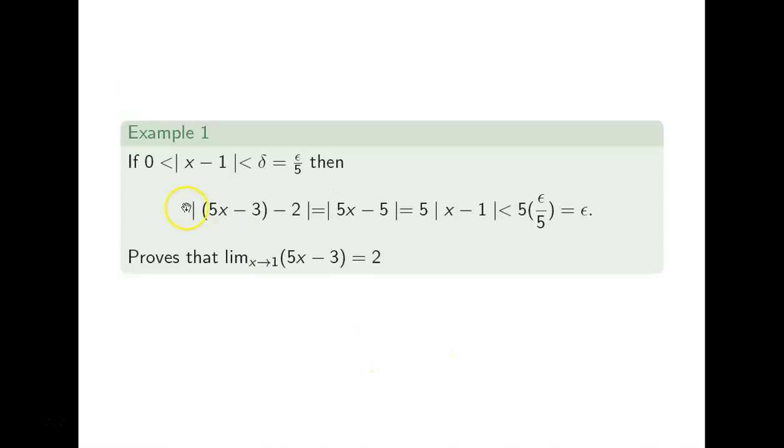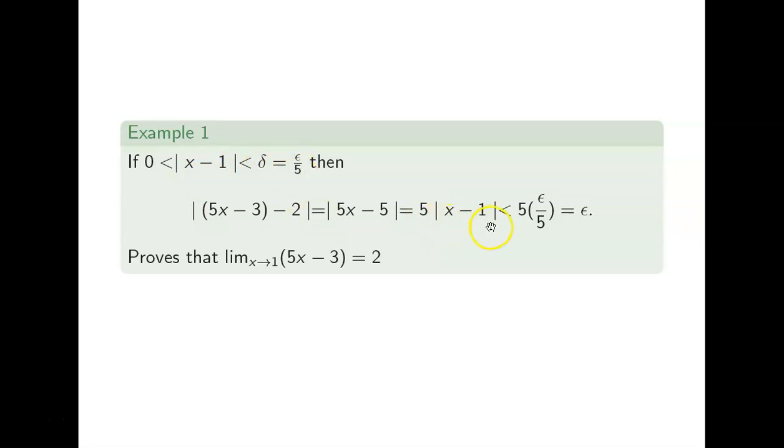So we can say that if 0 less than |x minus 1| less than delta, where delta is defined as epsilon by 5, then |f(x) minus 2|, that is |5x minus 3 minus 2|, gives you 5|x minus 1|. And from this condition we know that |x minus 1| is less than epsilon by 5.